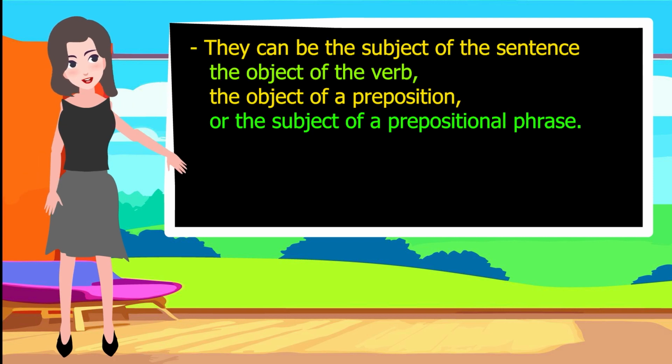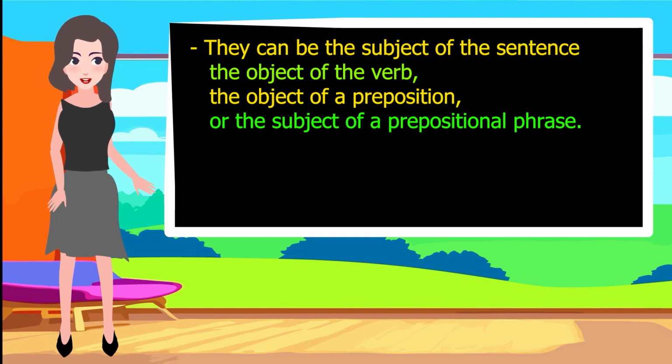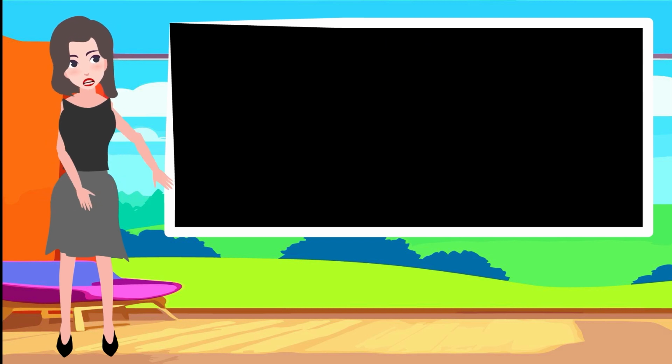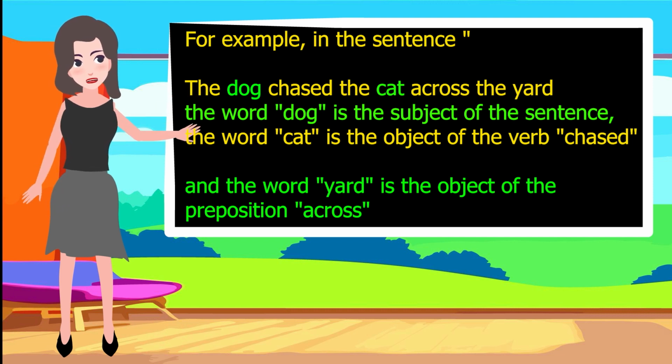They can be the subject of the sentence, the object of the verb, the object of a preposition, or the subject of a prepositional phrase. For example, in the sentence, the dog chased the cat across the yard.